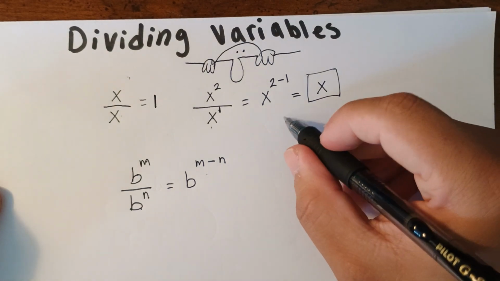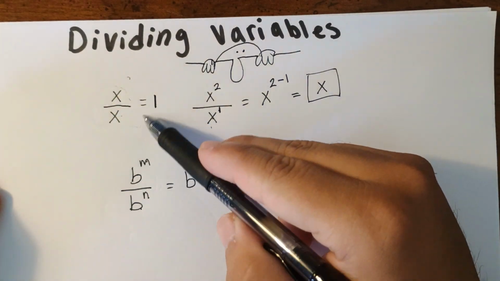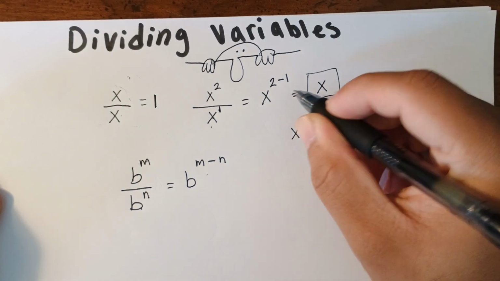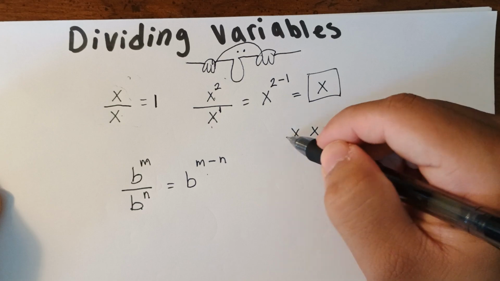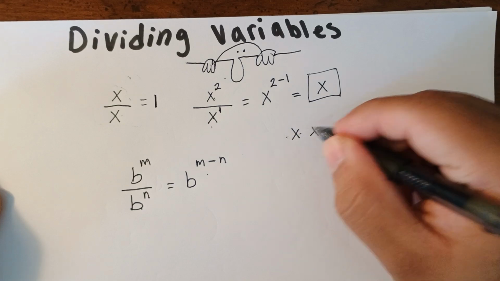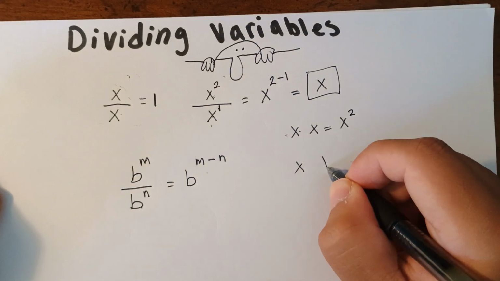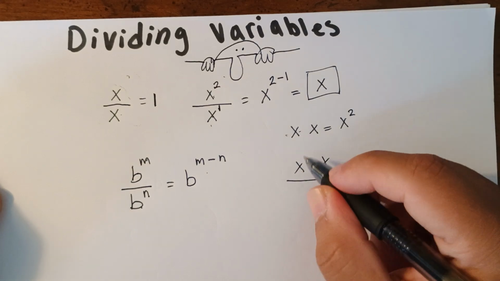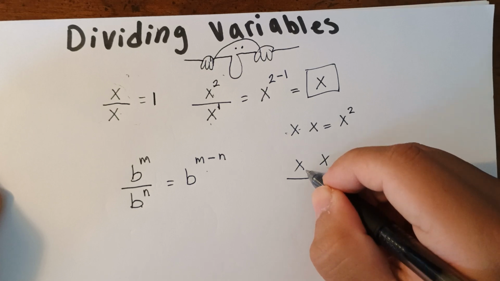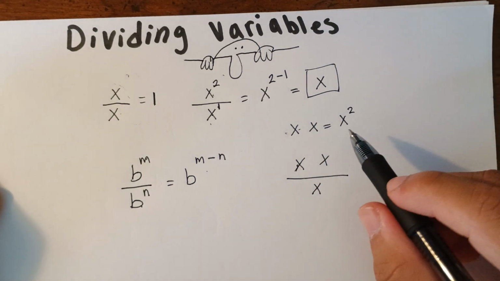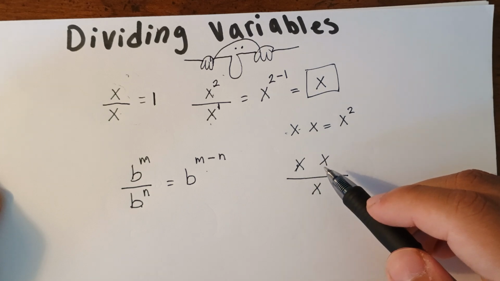Another way you can look at it is by using this sort of thinking over here. We can split x squared into two x's, so I'm going to split that up in the top part of the fraction here. And what we can do is split this fraction apart.